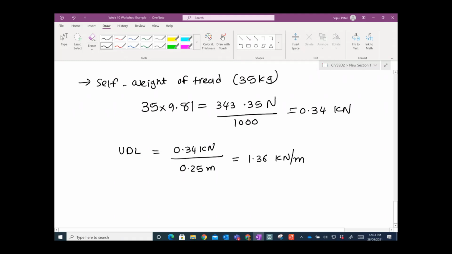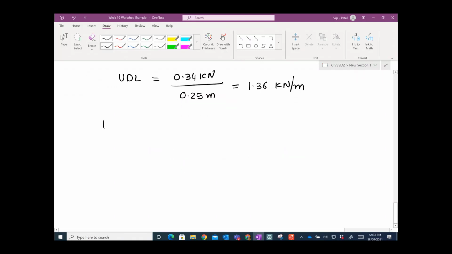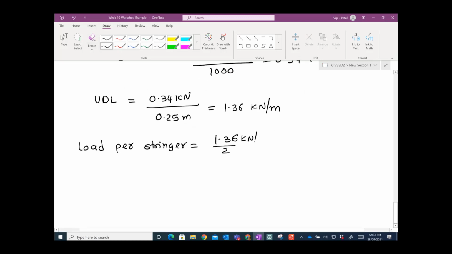Now to find the load coming on to the one stringer, you can just divide by 2, because half will be carried by each stringer, right? I hope you understand that, kilonewton per meter. So 1.36 divided by 2, you get 0.68 kilonewton per meter.